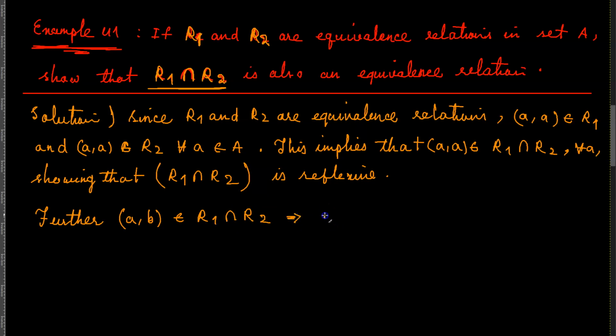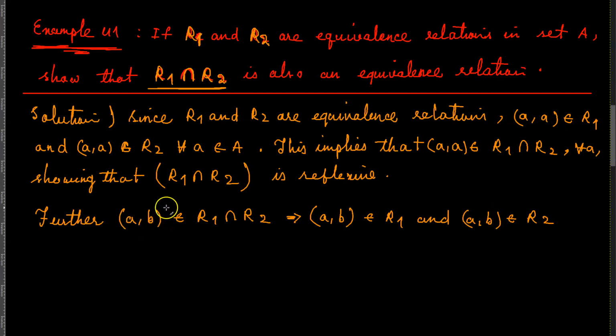This implies that (a, b) belongs to R1 and (a, b) belongs to R2, which implies that (b, a) belongs to R1 and (b, a) belongs to R2.